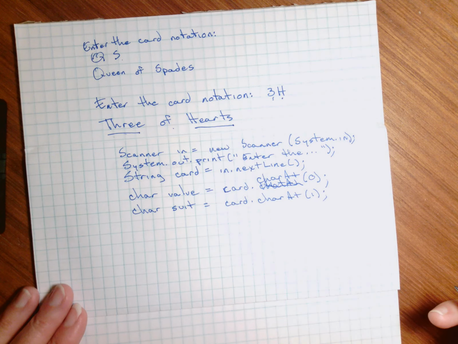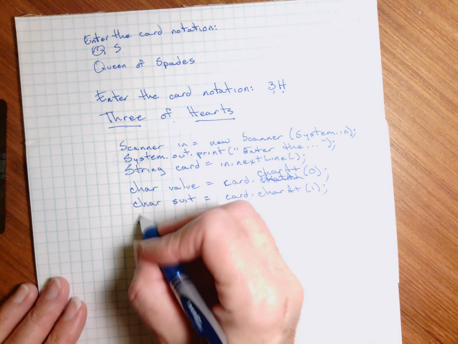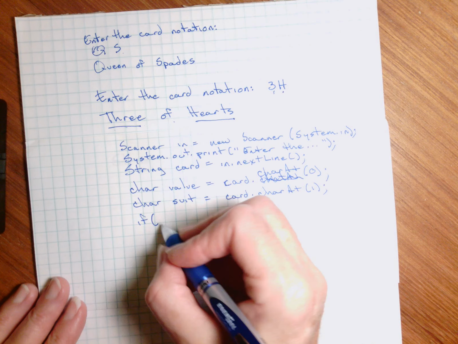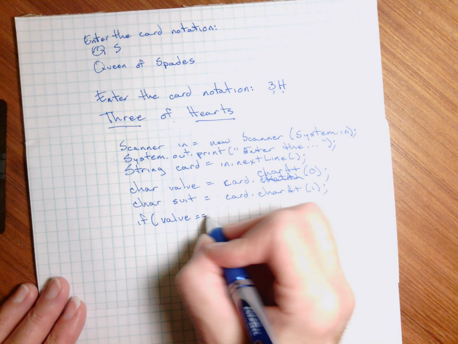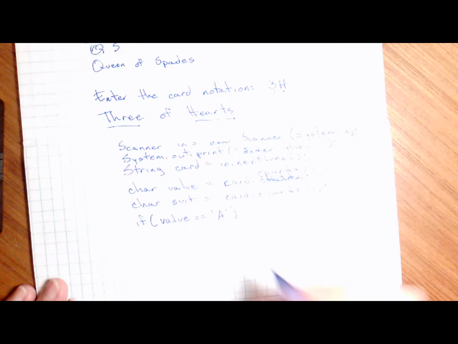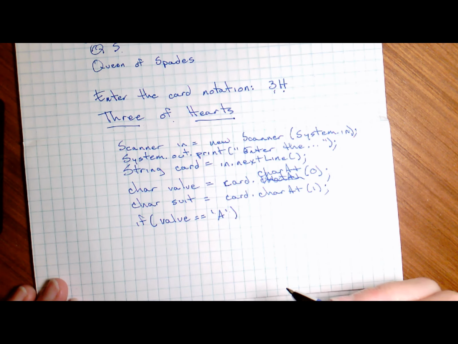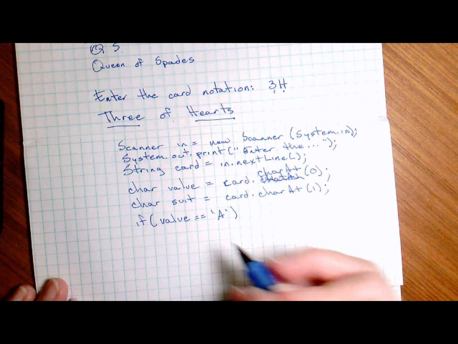And then we need an if statement. We want to say if that value equals, say, 'A'. Notice how I put that in single quotes because single quotes indicate that it's data of type char.